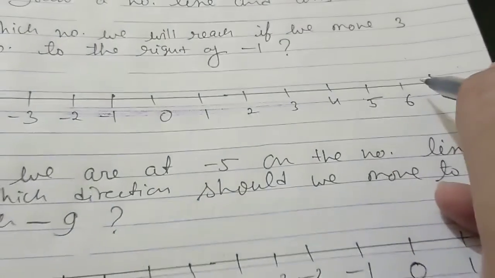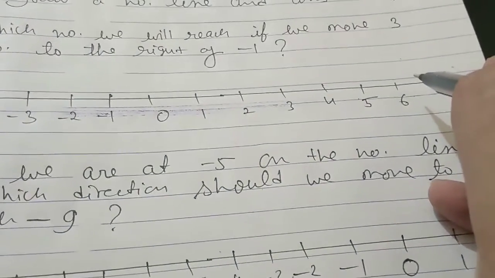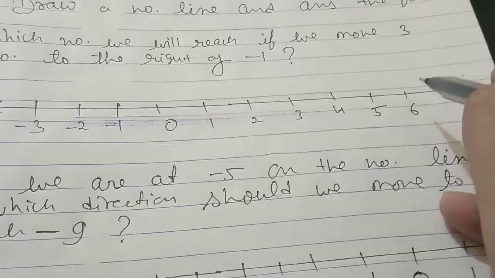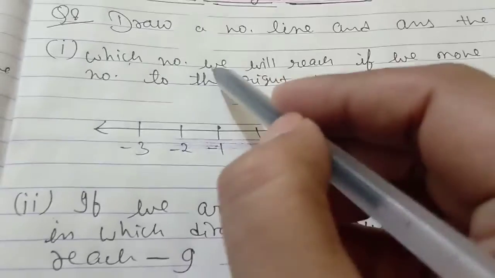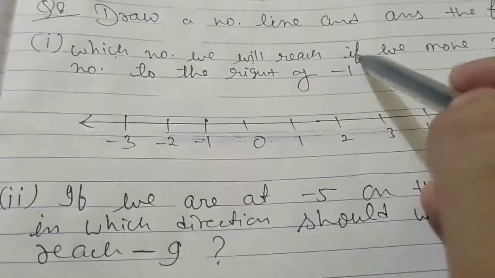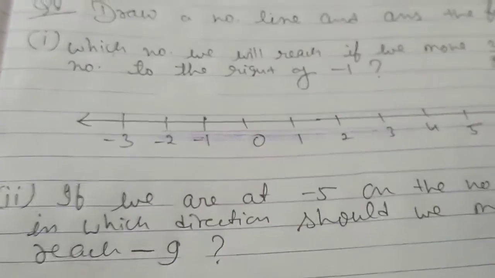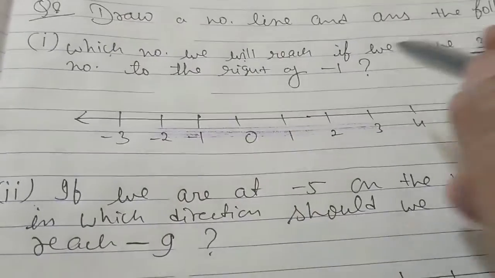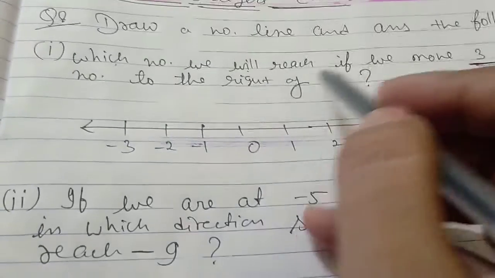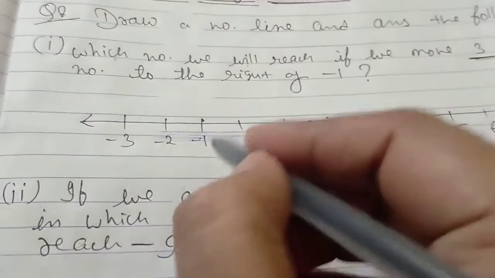You can see this is a number line for example, so that we can understand the question properly. Again we are going to read the question. Which number will we reach if we move 3 steps? Remember, we have to move 3 steps to the right of -1.